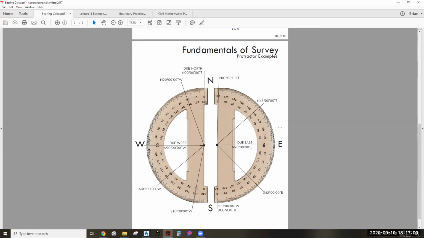I have a protractor at my desk as a professional, because sometimes it's just easier to estimate an angle of a line than to figure it out through geometry and sine, cosine, tangent, all that good stuff, trigonometry. So if I needed to estimate the bearing of a line, I can use my protractor.